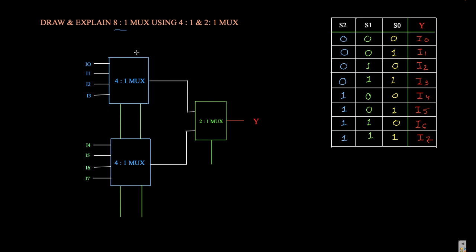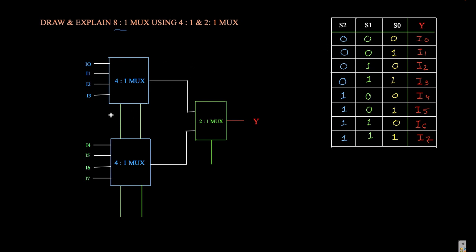For these 4:1 MUX we have 2 select lines. It means we cannot connect all 3 select lines to a single MUX, so we need to select any 2, either S1, S2 or S0, S1. How should we choose?